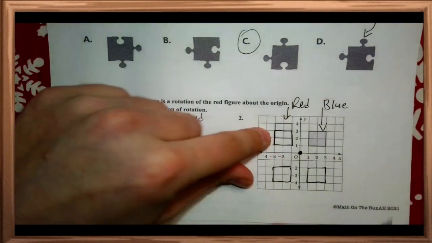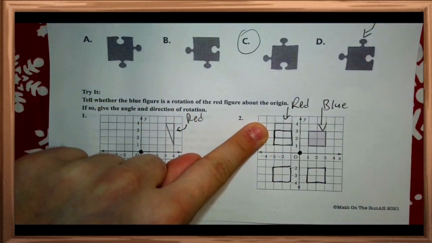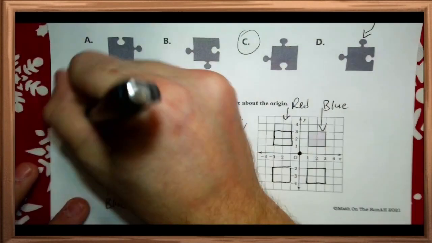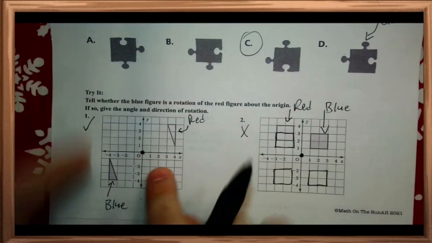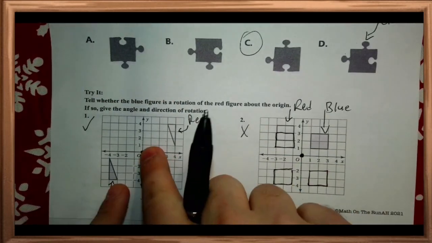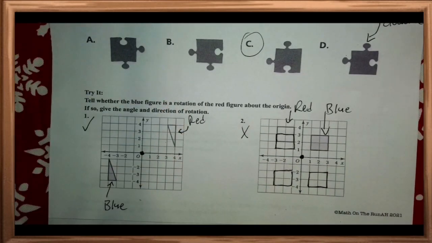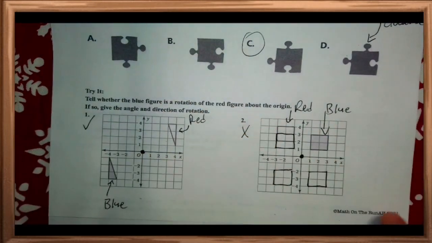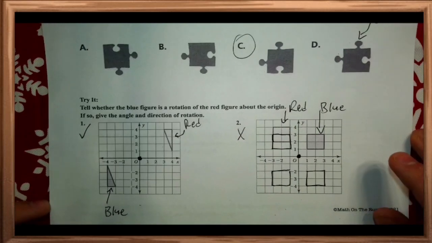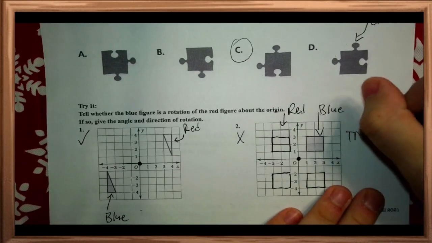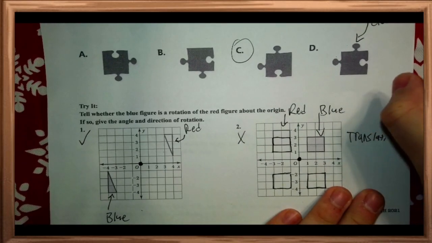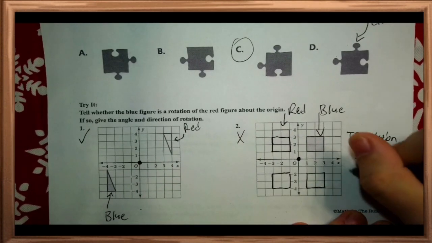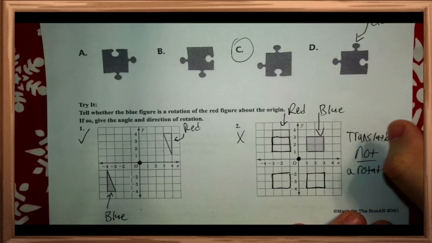Does that line up with what we have for the red? It doesn't fit perfectly, so no, it's not. 1 is a rotation. We're taking this triangle and rotating it around. But in this case, if we were to rotate the square any number of degrees, it's not going to turn into the red. This is a translation. It's a slide, not a rotation.